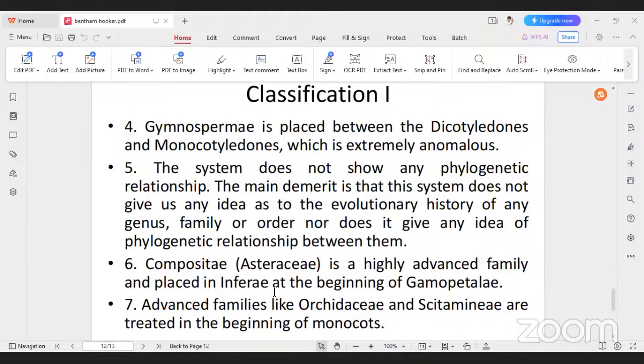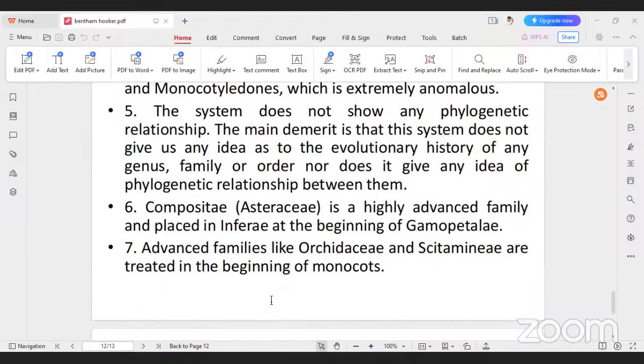Whether it is phylogenetic classification or not, it should follow some phylogenetic characters. The advanced must be last, but he placed it first in Inferae. Another advanced families like Orchidaceae and Scitamineae are treated as the beginning of the monocots. This is also another blunder.